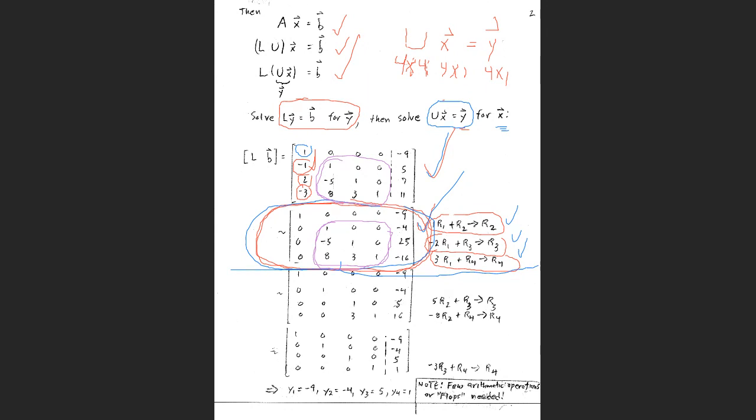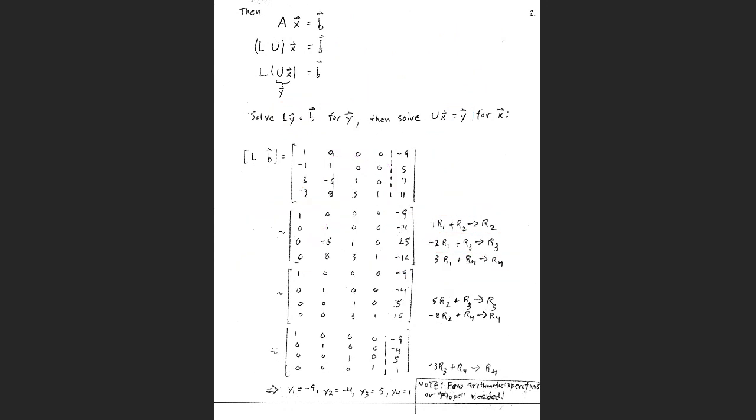Okay, well now we're going to use this 1 here as a pivot to produce zeros where the -5 and the 8 are.